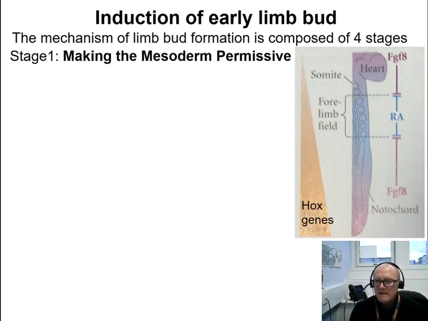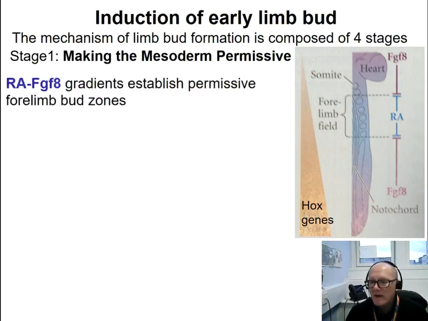Now, what are the signals that are important in determining whether the mesoderm is permissive or not? Well, these signals are retinoic acid and FGF8. In fact, it is the interaction between retinoic acid and FGF8 that establishes the region where the forelimb can be produced.